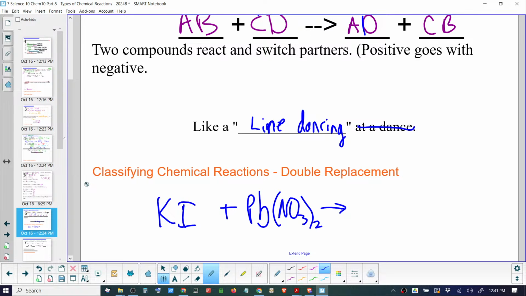Lead nitrate obviously would be poisonous. And so I've got the lead nitrate and the potassium iodide, and when I mix it together, we make a very brilliant yellow.